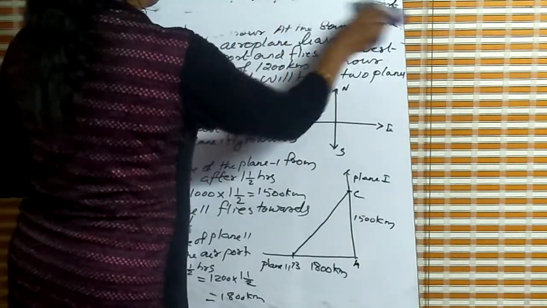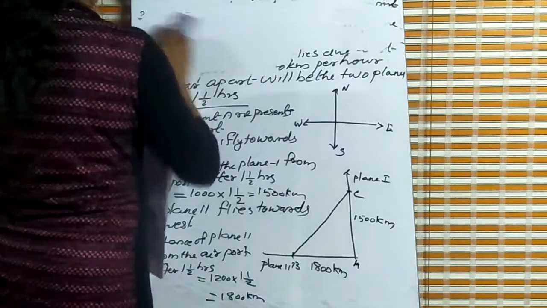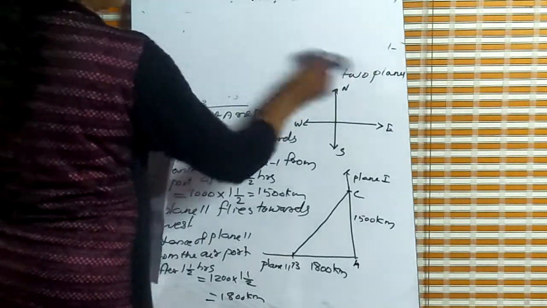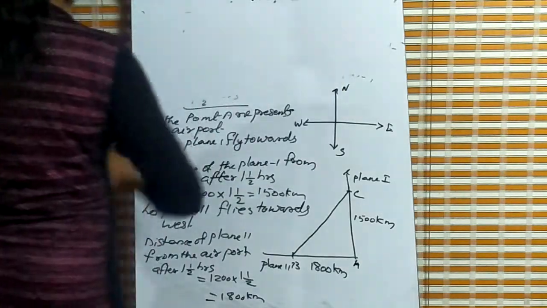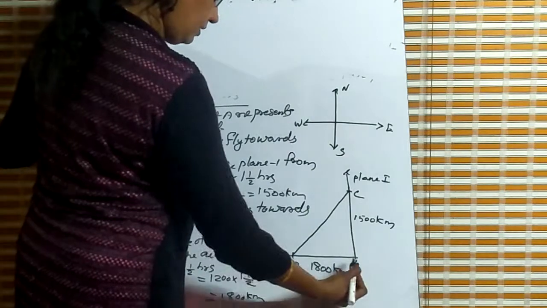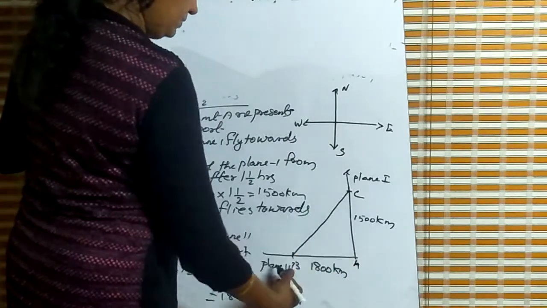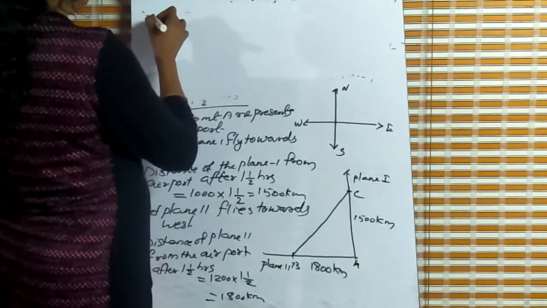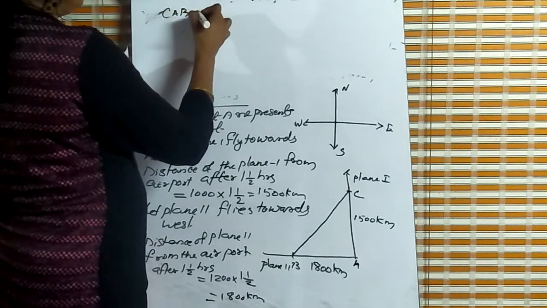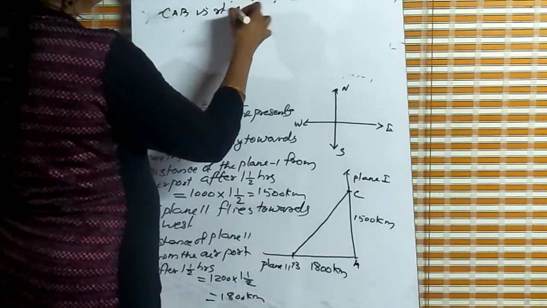To find BC distance, here this triangle CAB is a right triangle.